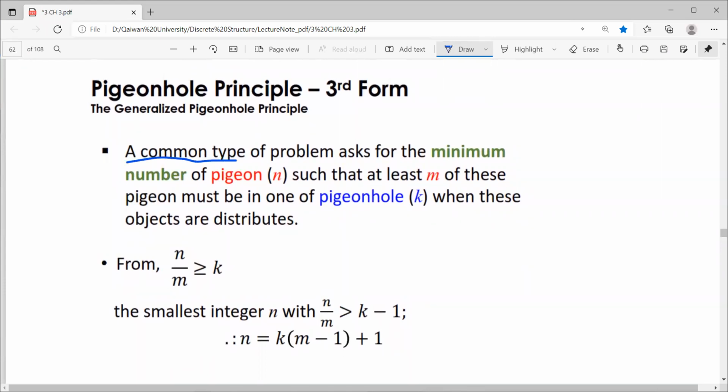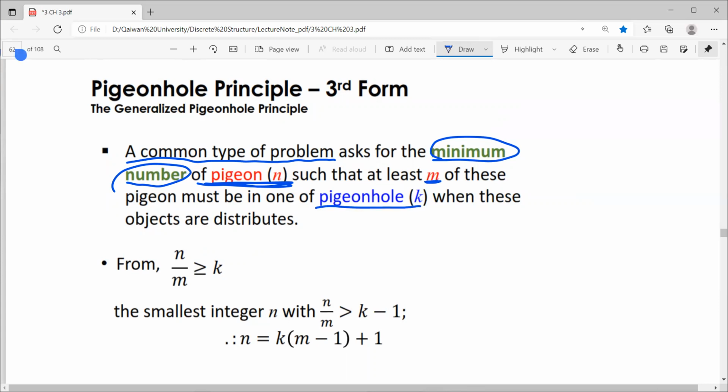We say a common type of problem asks for the minimum number of pigeons. If we are asked to find the minimum number of pigeons, that means we should find n such that at least m of these pigeons must be in one pigeonhole.